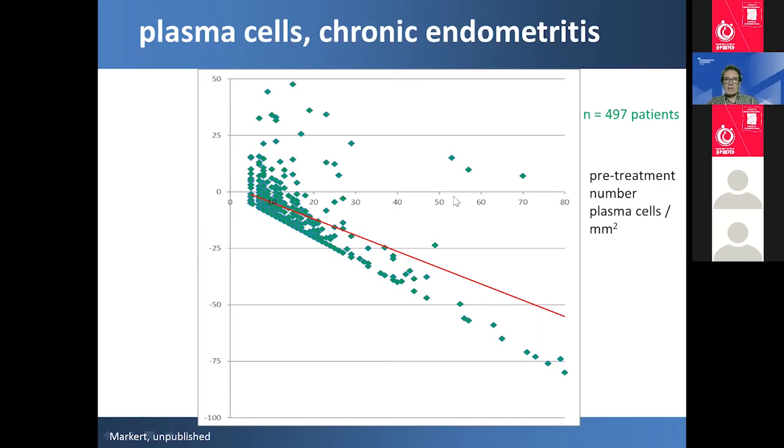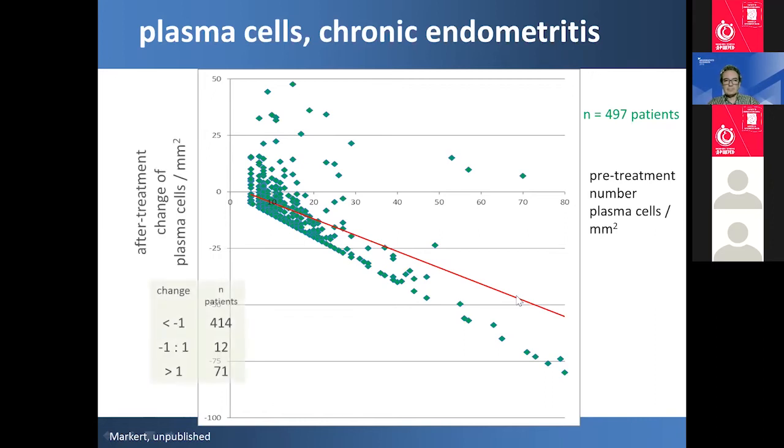And these patients have received doxycycline therapy. And then we have checked for the change of plasma cells per square millimeter. And you see here, this is a reduction of plasma cells. So 25 plasma cells, minus 50 plasma cells less, or here an increase of 25. And you see a clear reduction of plasma cells after antibiotic therapy.